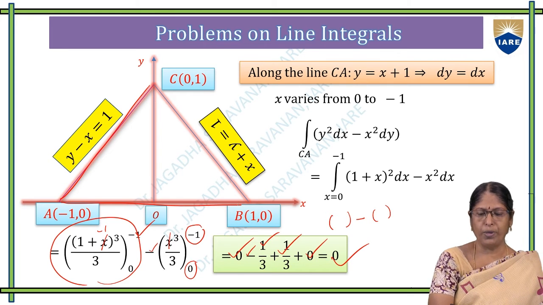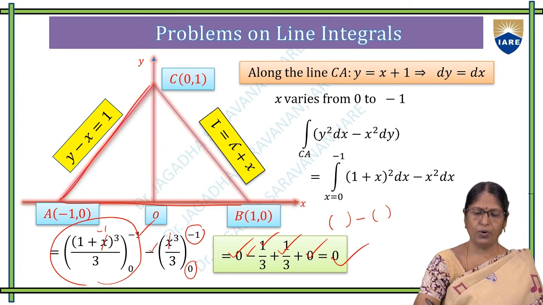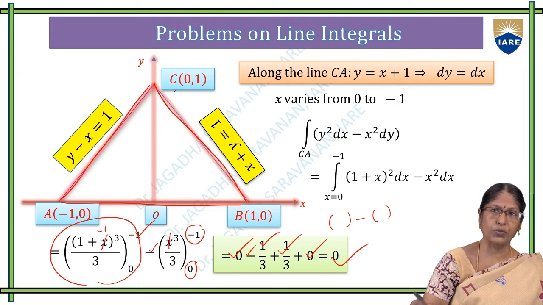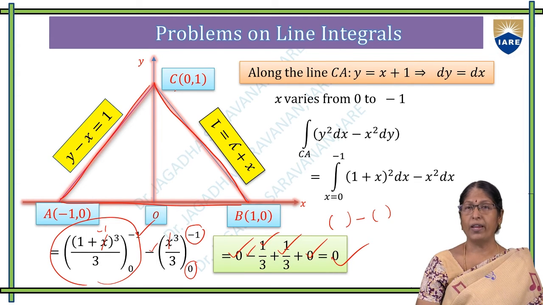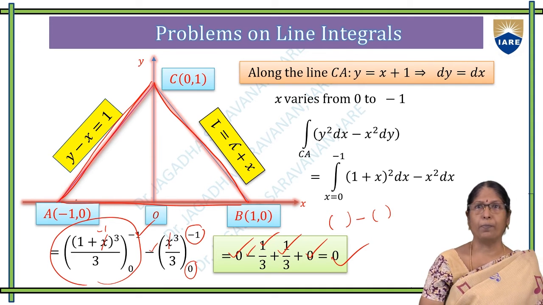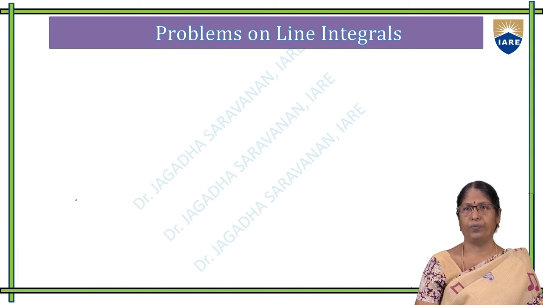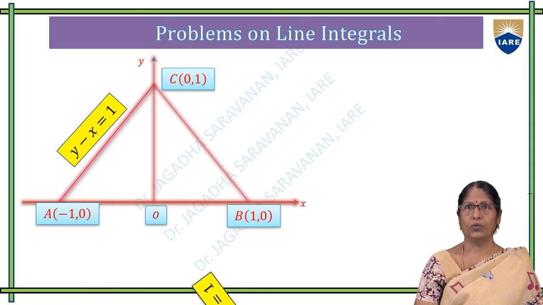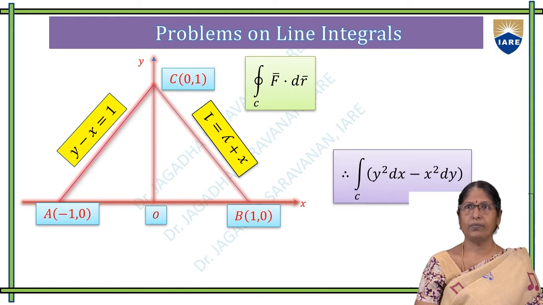So A to B value we got 0, B to C we got minus 2 by 3, and C to A we obtained 0. So we can see this one.